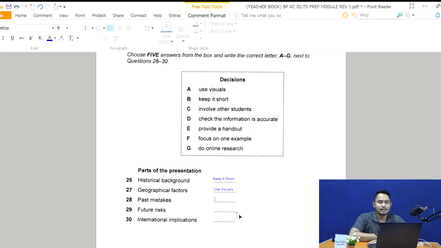Past mistakes, because it's past mistakes, it must be correct. So I might say we should just check the information. Check the information, right? So check the information is accurate. Okay. Right.